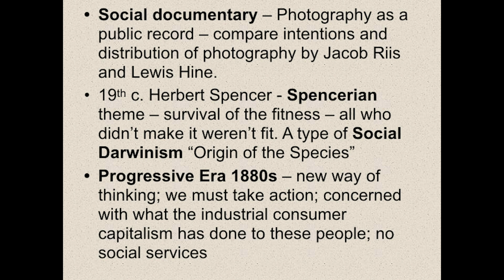And his theory, known as Spencerian theory, was survival of the fittest. All who didn't make it weren't fit. It's a rather hard point to make, the fact that it sort of takes on the opinion that people don't care. So if you weren't fit, you just didn't make it.